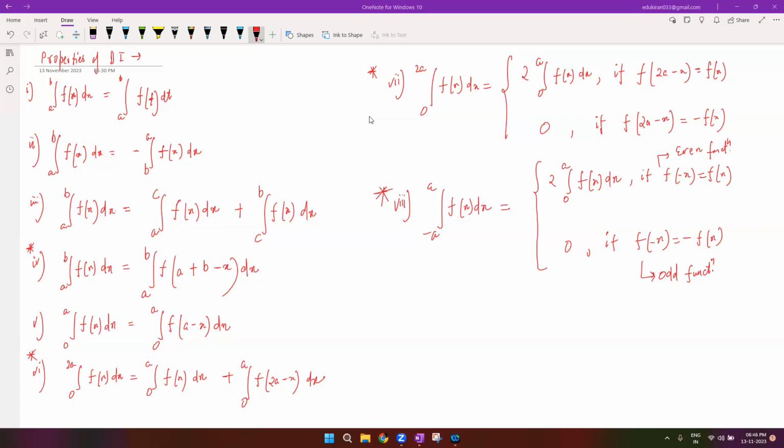Because you can easily see that 7.9 and 7.10 exercises were pretty basic. We didn't do something new. We already know how to calculate indefinite integration. We just have to put the limits. And in 7.10, we already know how to apply substitution and integration. We just have to change the limits as well, right? So these two are pretty basic exercises.